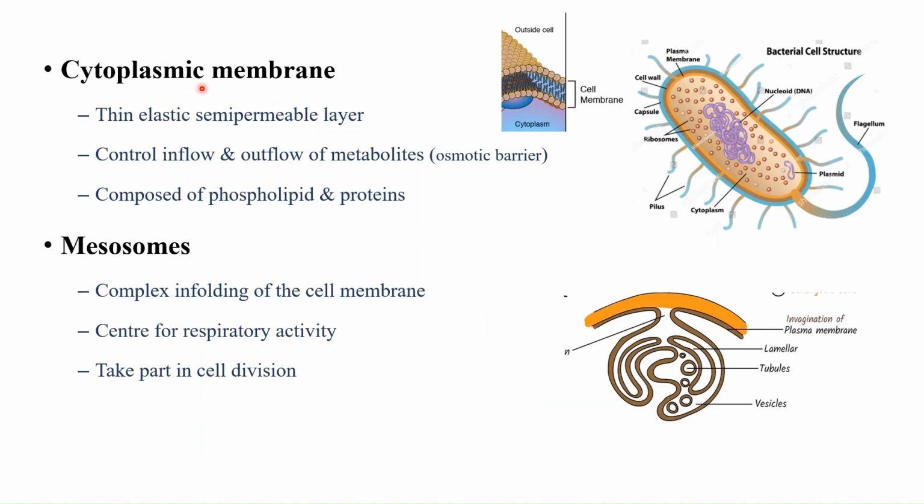Cytoplasmic membrane. We already said that the outermost layer is the capsule, which we see only in capsulated organisms. Just inner to this capsule we have the bacterial cell wall, and inner to the cell wall we have the cell membrane or cytoplasmic membrane. The cytoplasmic membrane is a thin, elastic, semi-permeable layer.